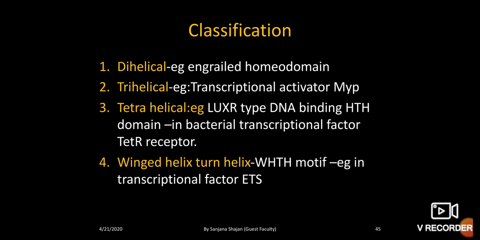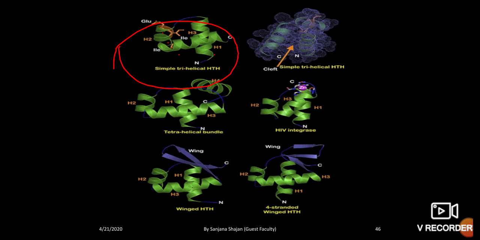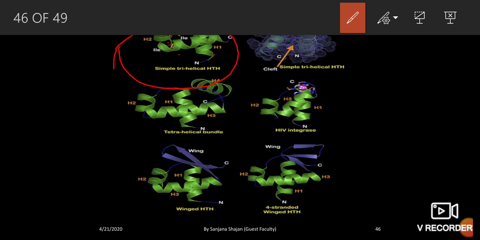And then you have the winged helix turn helix. In the winged helix turn helix, you can see here H1, H2 and H3. The winged helix turn helix is made up of a three helical bundle, and the third or fourth strand will form the beta sheet.